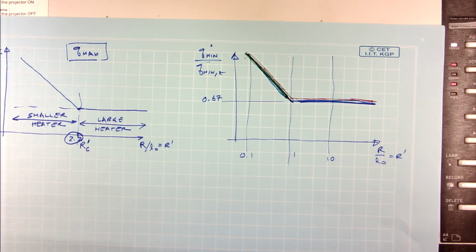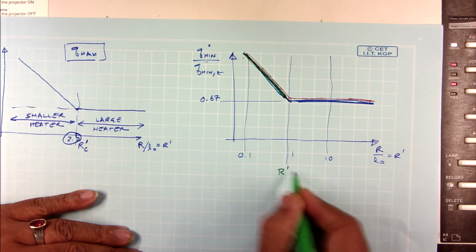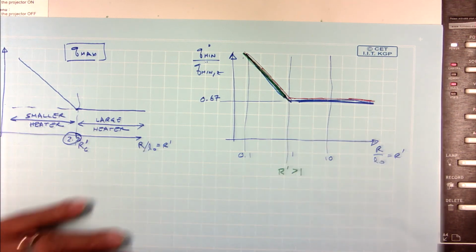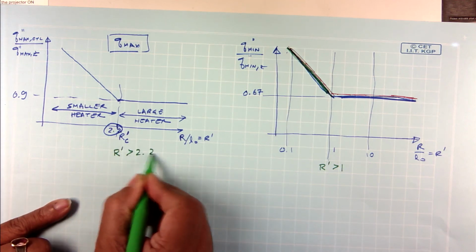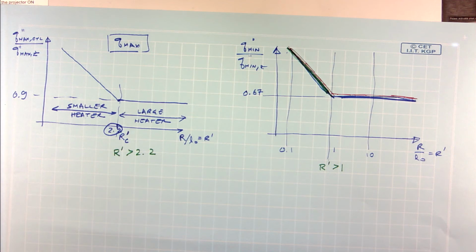Okay. And so, what you see is for film boiling, r prime greater than 1 is a large heater. For nucleate boiling, r prime greater than 2.2 is a large heater. Okay. So, what this means is if I were to make an experimental apparatus where I want to measure the heat flux in the large heater regime, and I want to do the experiment both for nucleate boiling and film boiling, then I better choose a diameter of the heater which is greater than 2.2.